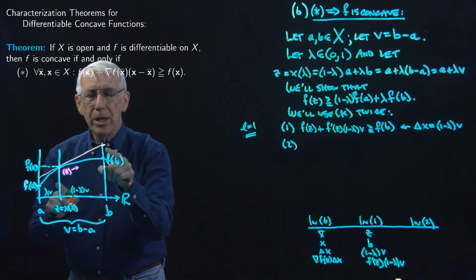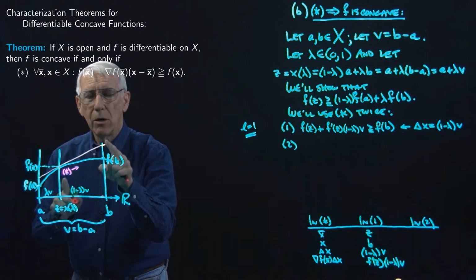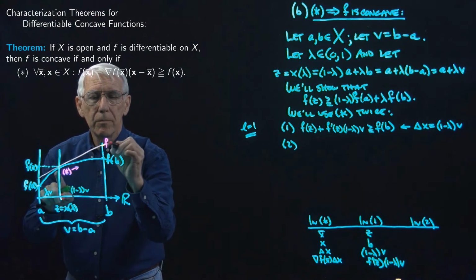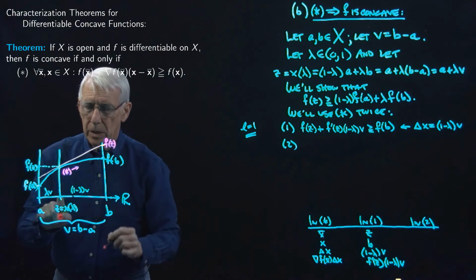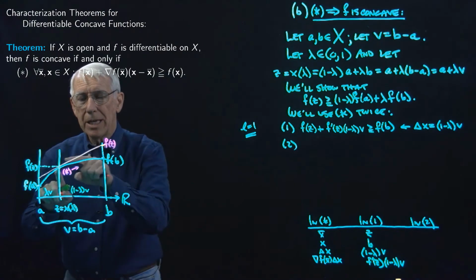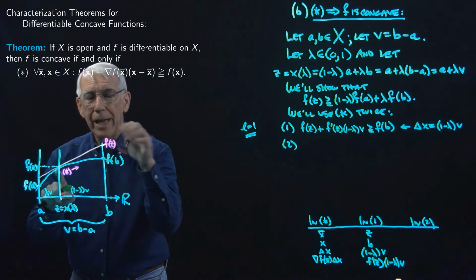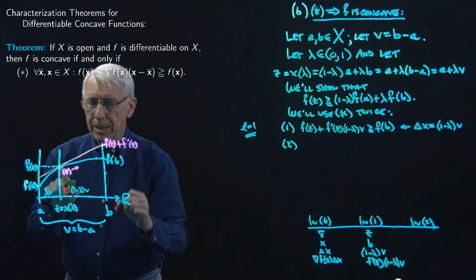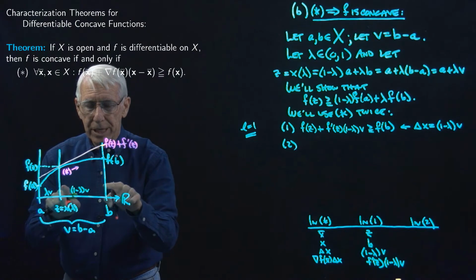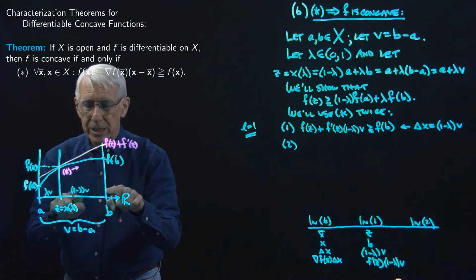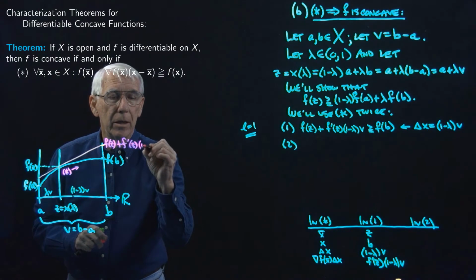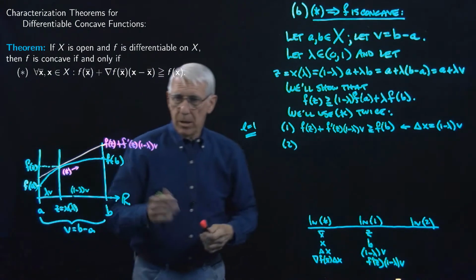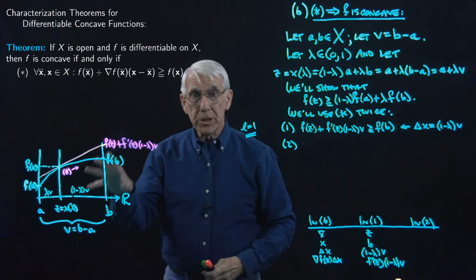And so I know that this point over here is f of z, the height here, plus the derivative of f at z times delta x, the amount of change in x, which is 1 minus lambda times v.